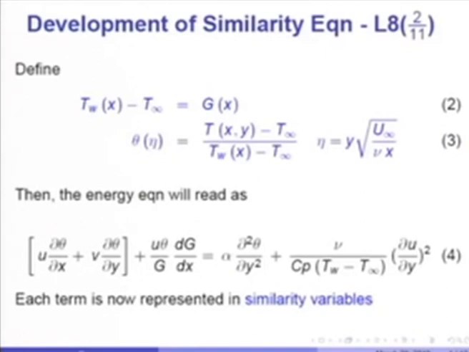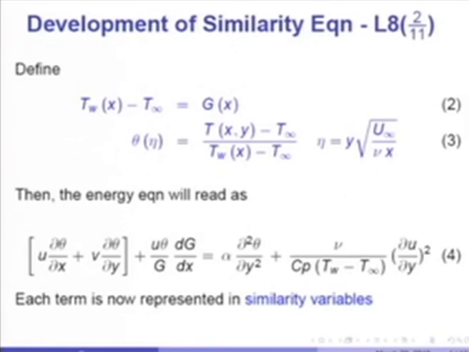If we want to develop the similarity equation, then first of all we define T wall of x minus T infinity, that is the reference between wall and infinity states, as some function g of x, and we define theta of eta, where eta is the similarity variable introduced in the velocity boundary layer equation, equal to T at any point in the boundary layer minus T infinity divided by T wall of x minus T infinity, and eta, as you will recall, is equal to y into under root u infinity by nu x.